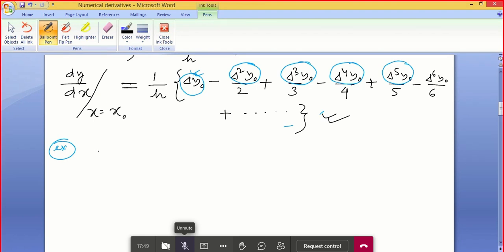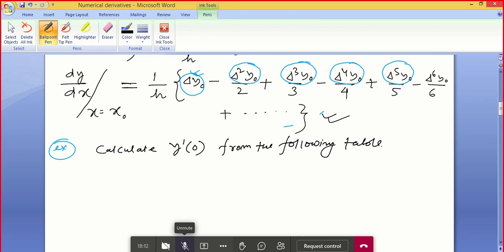So calculate y dot 0, meaning the derivative at 0, from the following table of the function y equals log 10 base x plus 2.